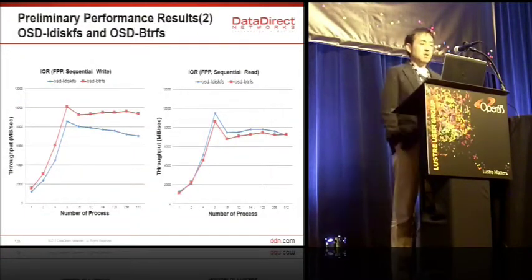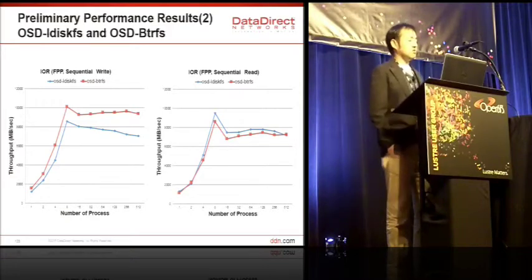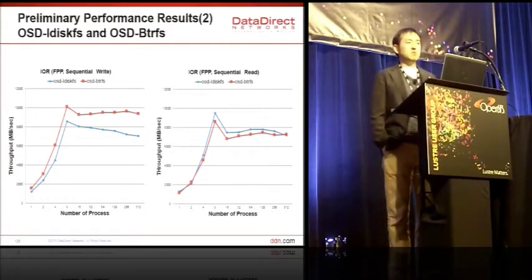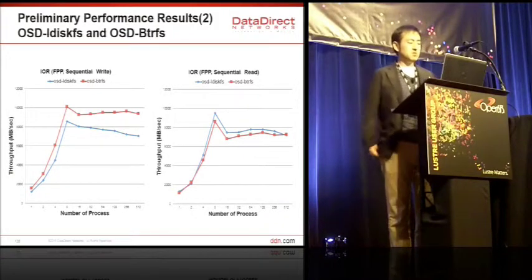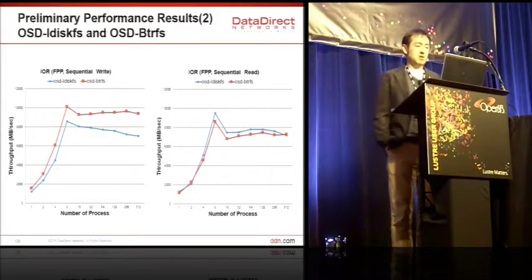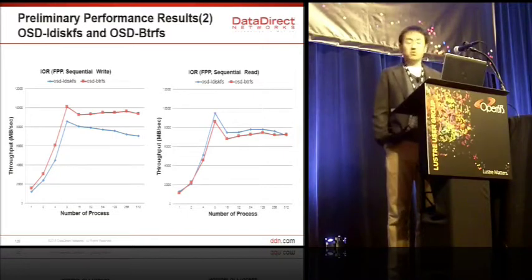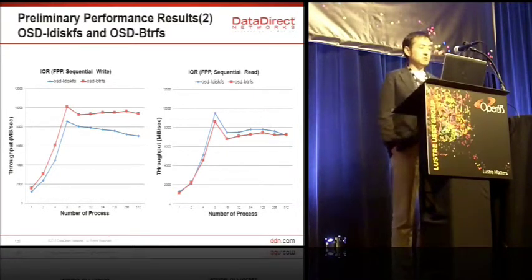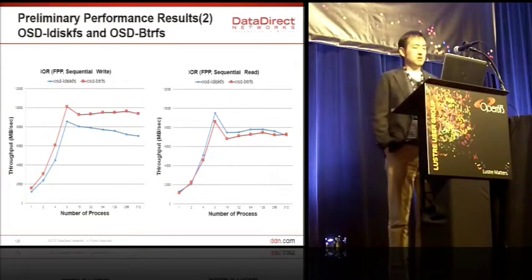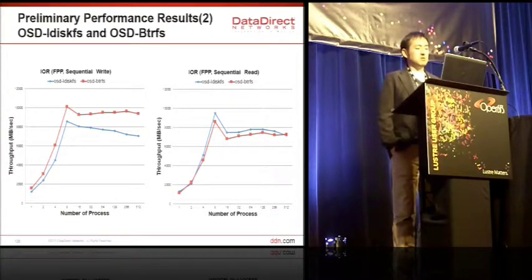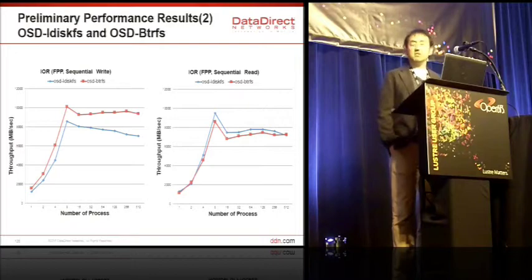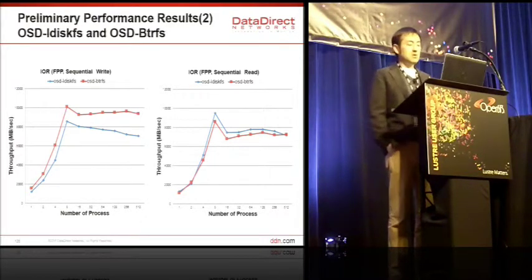This is the same IOR benchmark, but compared to ldiskfs. We also ran the same benchmark using ldiskfs on the same hardware. The left side is the write performance. The blue line is ldiskfs, and the red line is OSD-Btrfs.